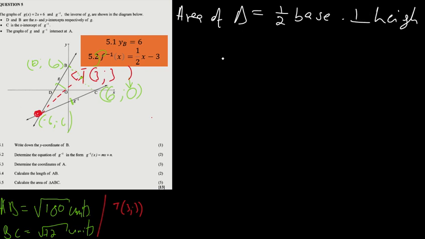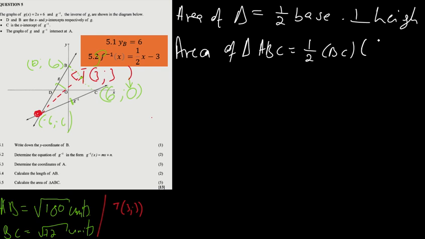The formula says that the area of a triangle is equal to half base times perpendicular height. So area of triangle ABC is equal to 1 over 2 times BC, times now our perpendicular height.